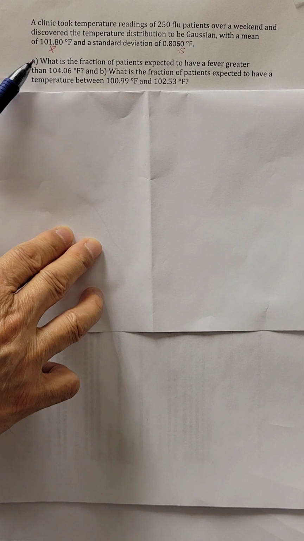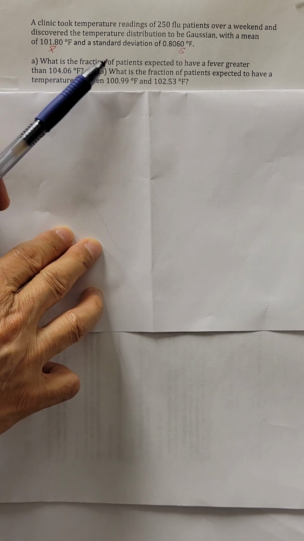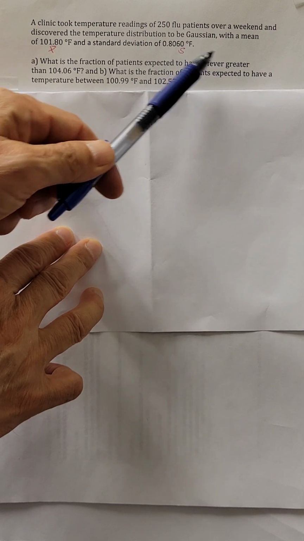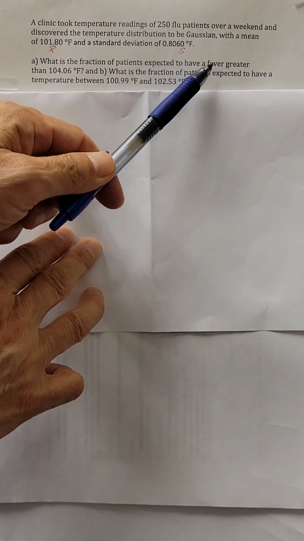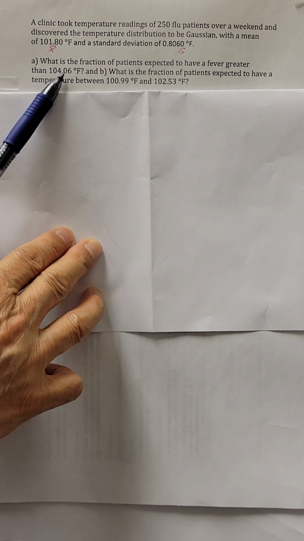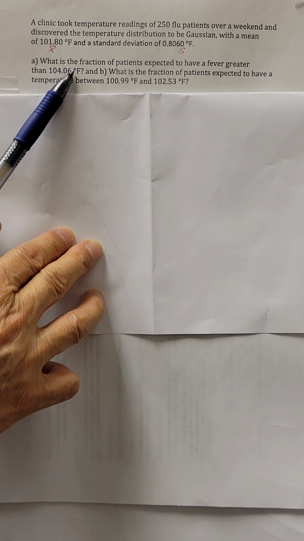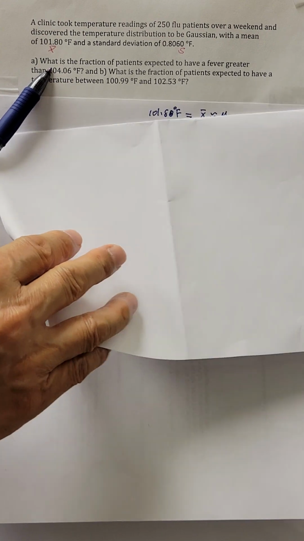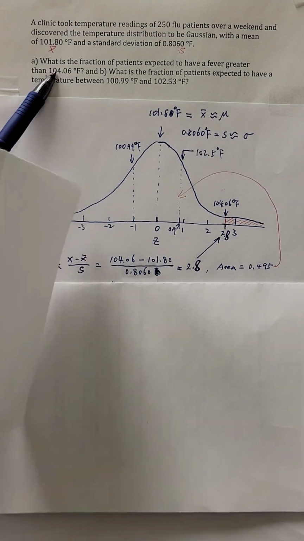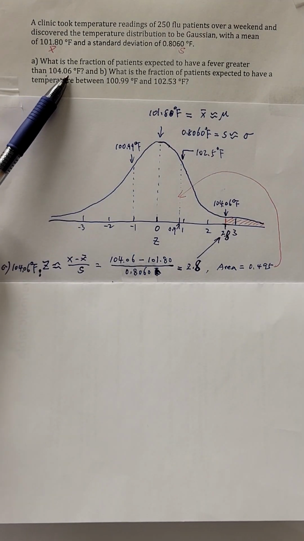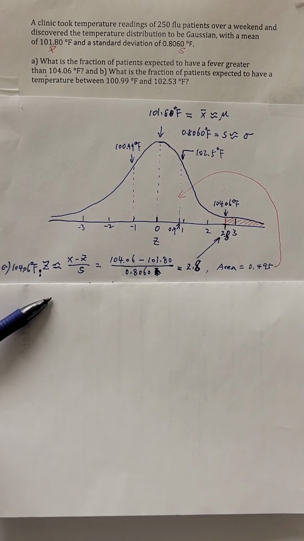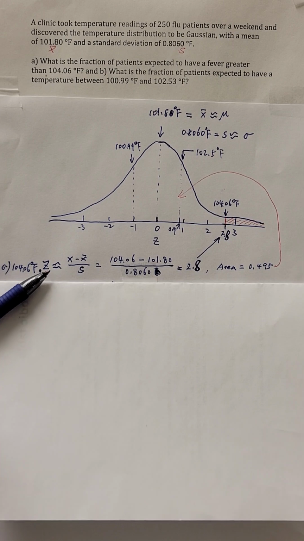Okay, we have two questions. A, what is the fraction of patients expected to have a fever greater than 104.06 degrees F? Okay, so the measurement value here is actually 104.06. We need to use the key equation we learned in the class.